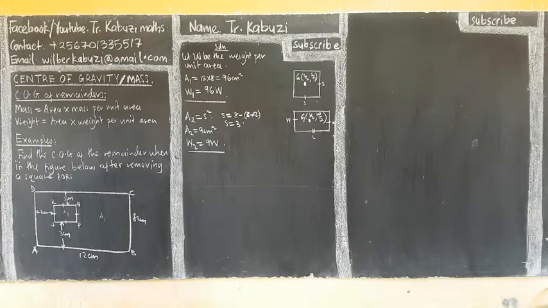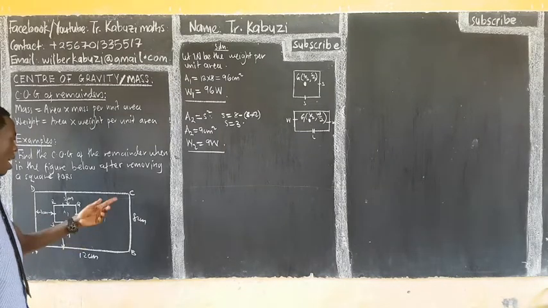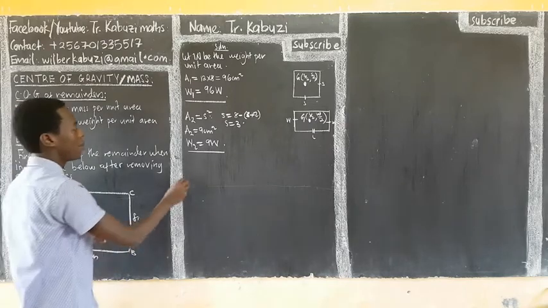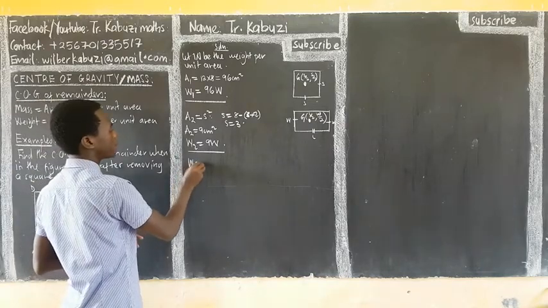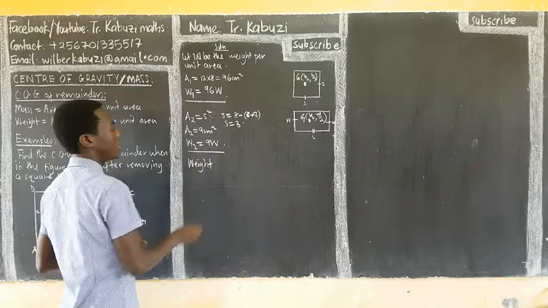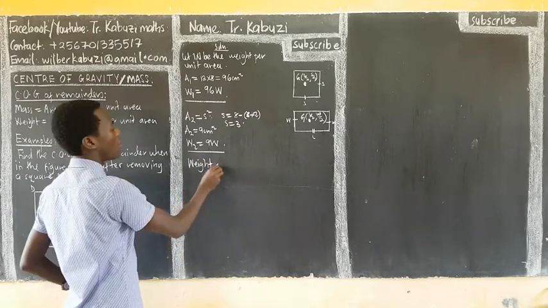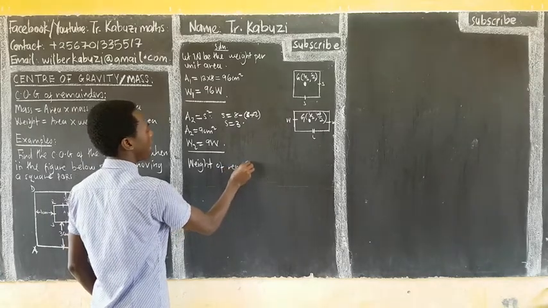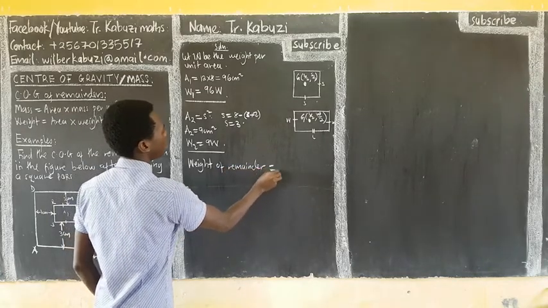Now, from there, we need to get the weight of the remainder after cutting out this. So instead of getting the total, here we are getting the weight of the remainder.